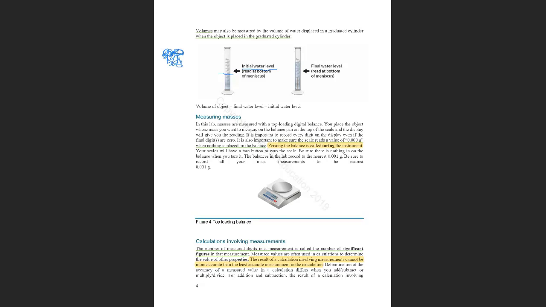Then you add whatever you have, you add it. And you read the final volume. You are interested in the volume of the metal. So the volume of the object is the difference between the final water level and the initial water level. Does it make sense?